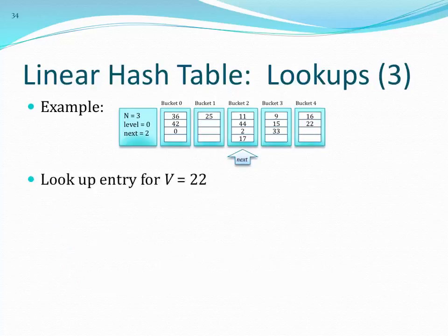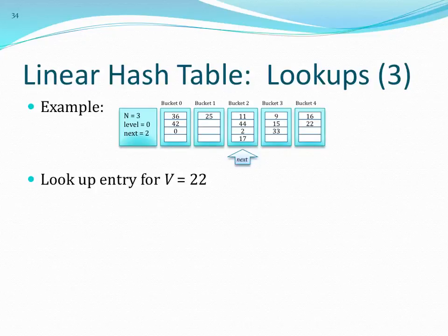Okay, so the lookup entry for v equals 22. How do we do this? Well, we could cover our eyes and not look at the actual disk blocks, because if we look at it, our visual cortexes do much more than just hash it. So we say, okay, v is 22, level is 0, so I apply h0, so that's going to be 22 mod 3, and I get 1.